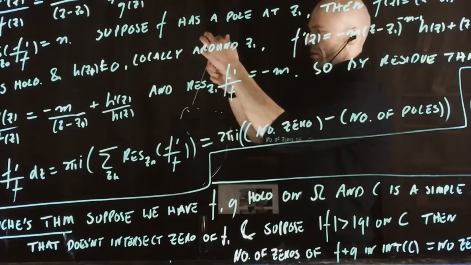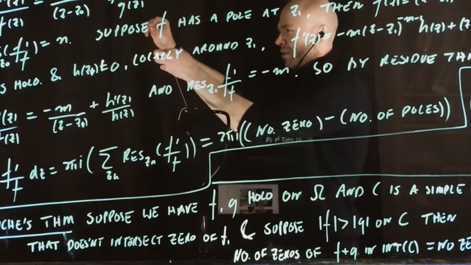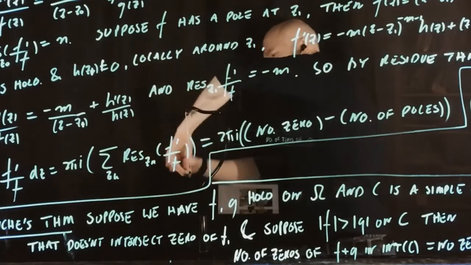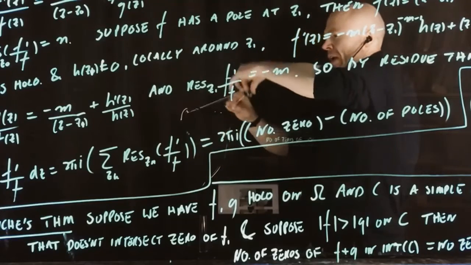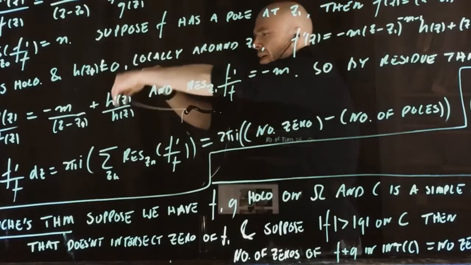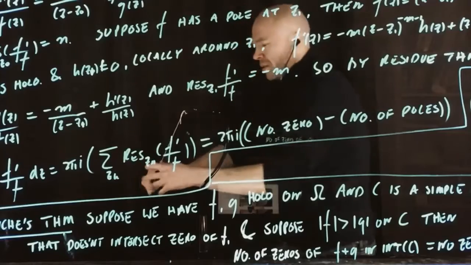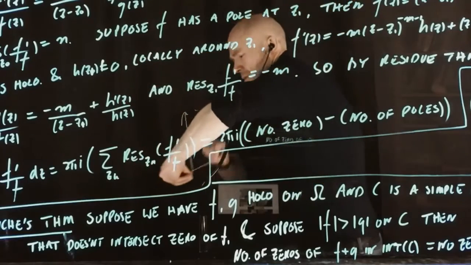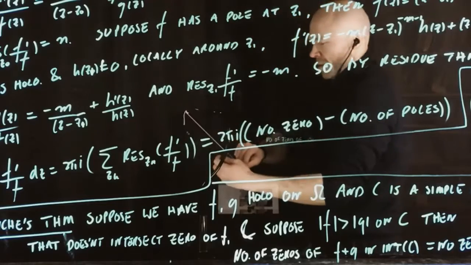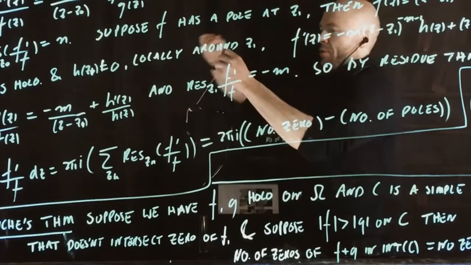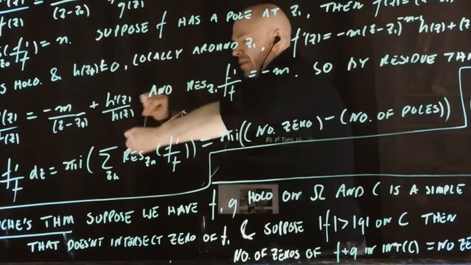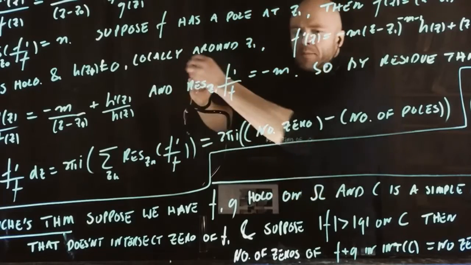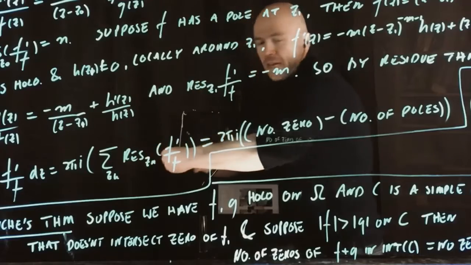G could be doing all kinds of weird stuff, going round, circling around, but as f is going around 0, because g is restricted so that its absolute value is always less than f, no matter what it does, it's forced to go around the same number of times as f itself.